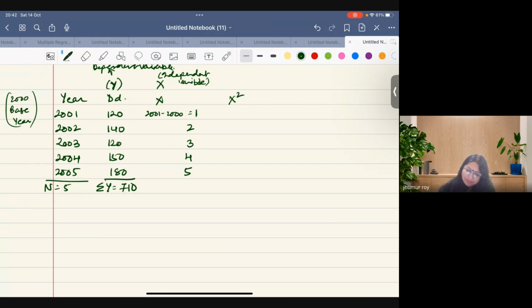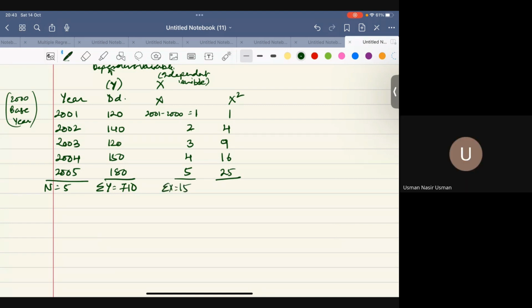So x square will be 1, 4, 9, 16, 25. So if we add this value, what is the value we are getting? Okay, so sigma x we got as 15.